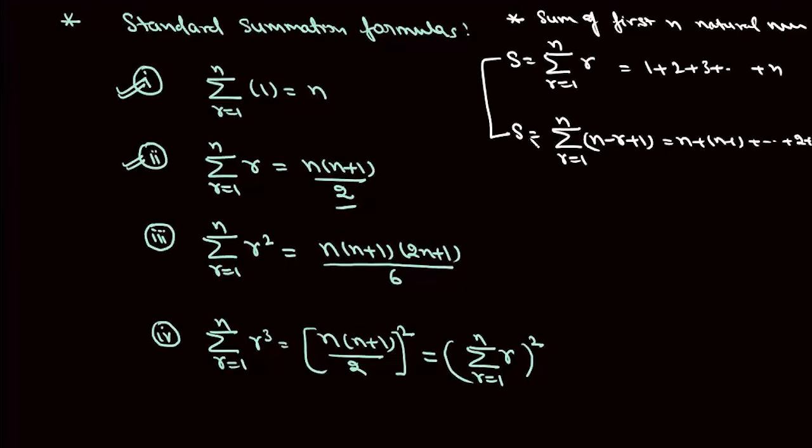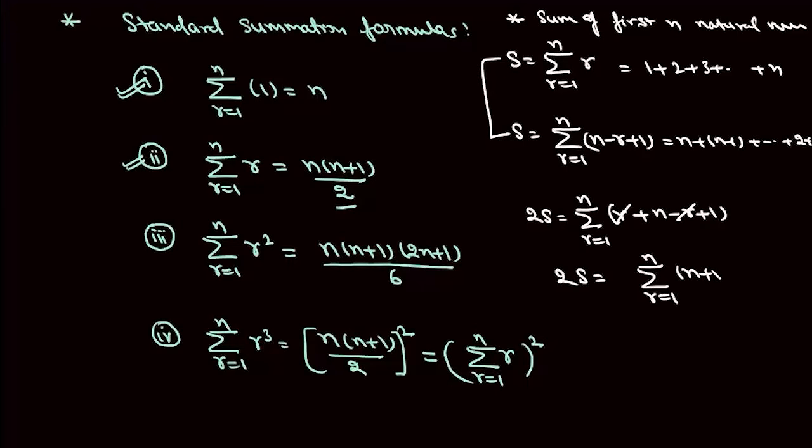Now if we add these two, we'll get 2s, and we can split summation, and add them if they have the same starting and end points. So it'll be r plus n minus r plus 1. Now this r and r will cancel. So you'll get 2s equals summation r varies from 1 to n of n plus 1. Now there is no r here, so n plus 1 is constant, and this is summation of a constant.